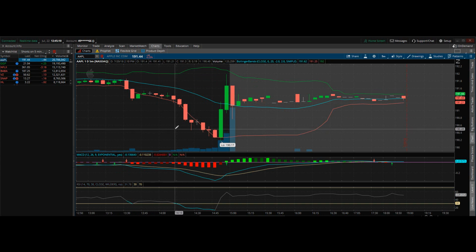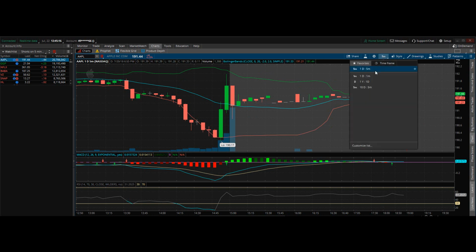So on the 5-minute chart, make sure your chart right here is actually set on 5 minutes, because you don't want to have it set on a day or 1 minute or whatever, and your scanner scanned on the 5-minute chart. You're going to end up screwing yourself up if you don't have those compatible with each other.